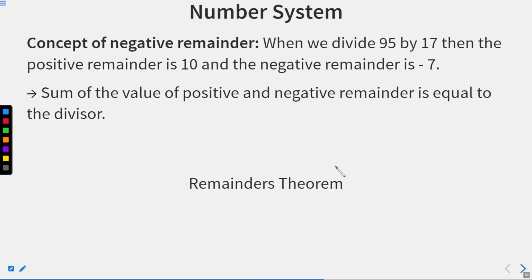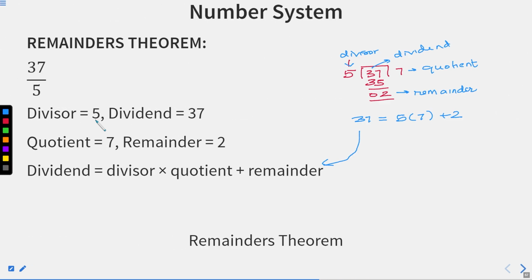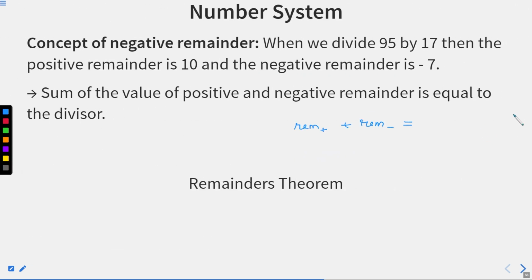Concept of negative remainders. When we divide 95 by 17, then the positive remainder is 10 and the negative remainder is minus 7. The sum of the positive remainder and the negative remainder is equal to the divisor, so it is equal to 17, correct?